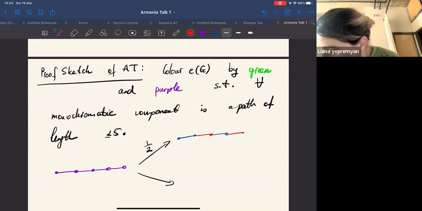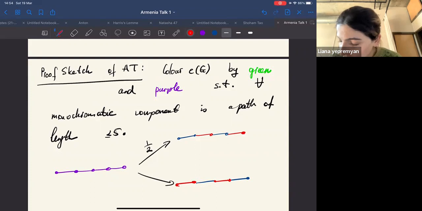Or I'm going to do the opposite: the first edge is red, then blue, then red, then blue. I do this for every monochromatic path, the same for any length. I don't really care that the length here is 4. The main point is that with probability 1/2, I start with the blue edge and then alternate, and with probability 1/2, I start with the red edge and then alternate. So that's my first step.